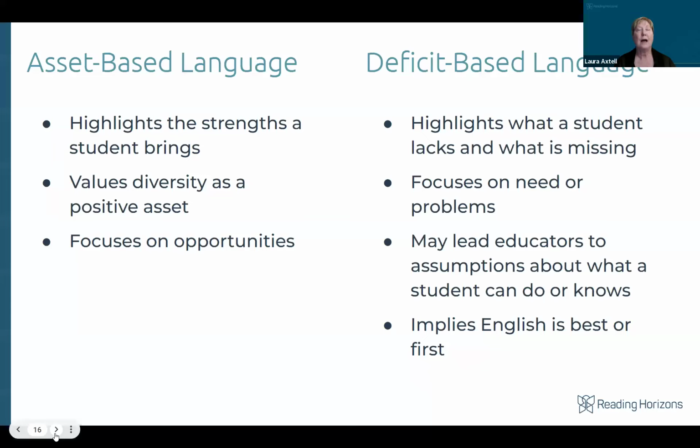I would give a lot to be able to be bilingual or trilingual in any language. I just think it's such an advantage to be able to communicate in more than one language. But often we see the lack of English as a deficit. And so we really want to take the approach that this is a positive, and that we highlight lots of strengths that our students bring.